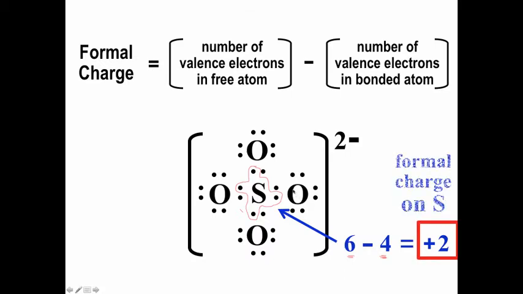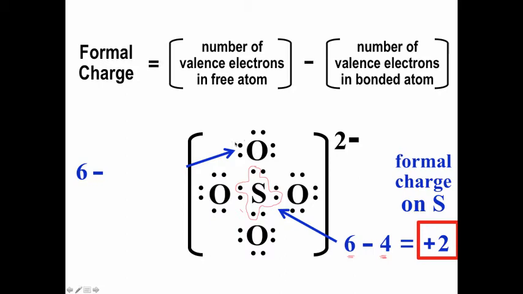And if we do the same thing for, let's say, oxygen, then it normally has 6 valence electrons. The number that have to be counted would be 1, 2, 3, 4, 5, 6 that are lone pair electrons that are only part of oxygen, and then one of the 2 electrons in this bond.